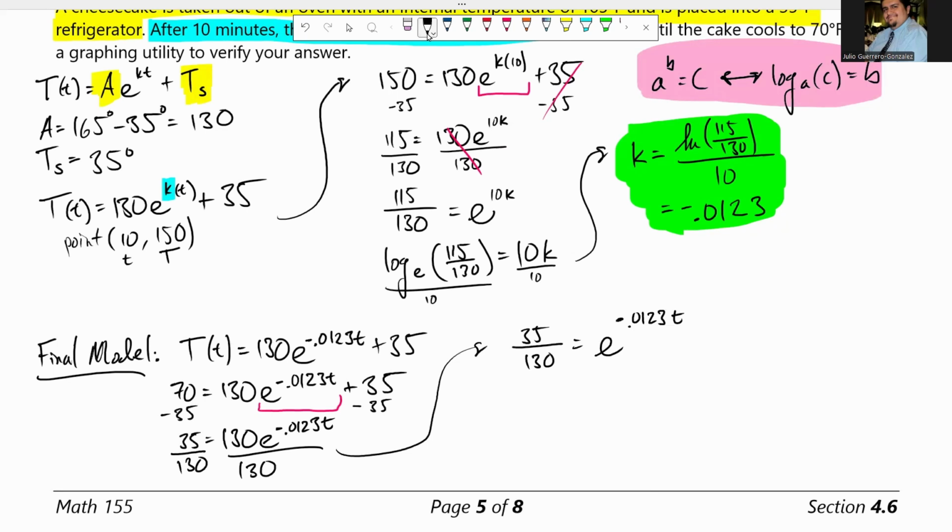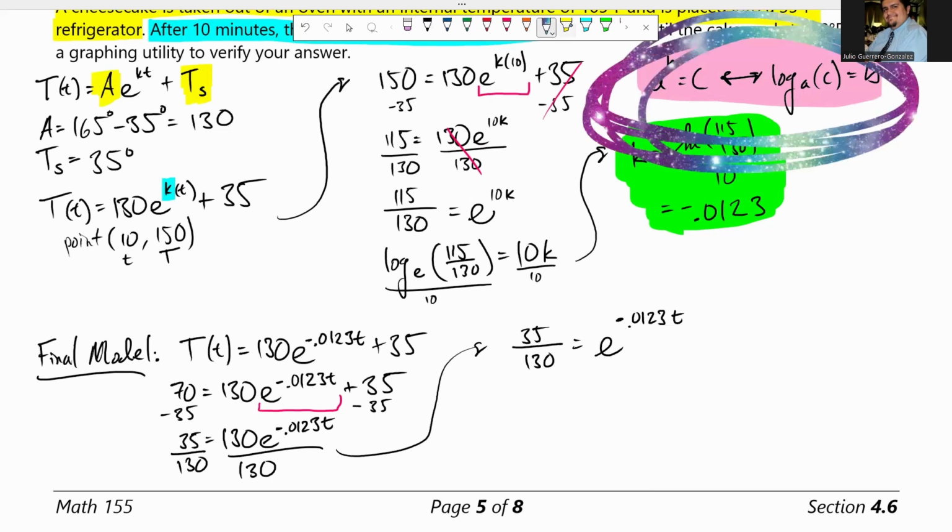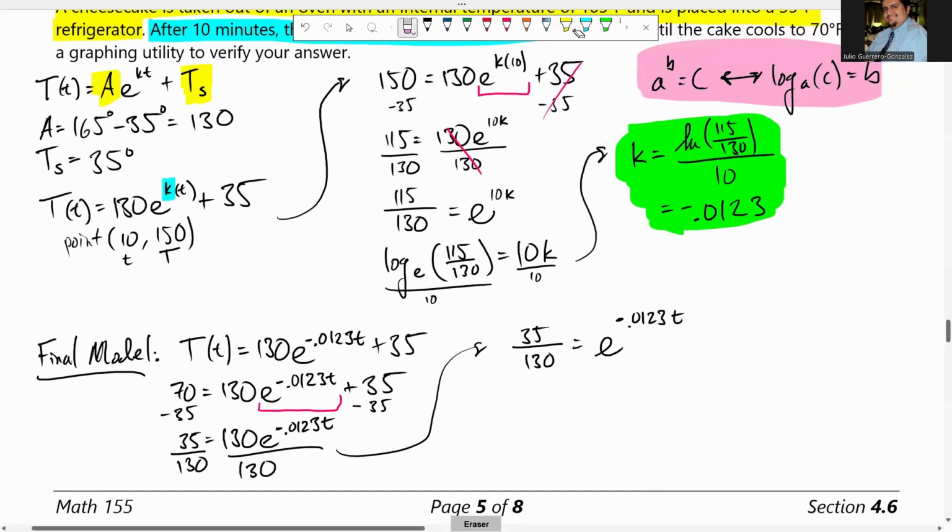I need the logarithmic form. So I get to hit it with our magical expression there to turn stuff from logarithmic to exponential and vice versa.